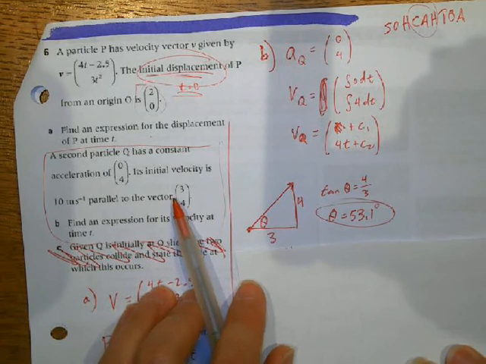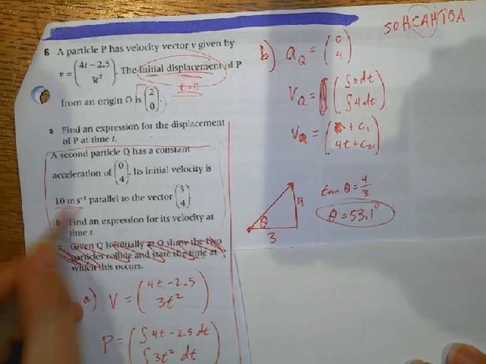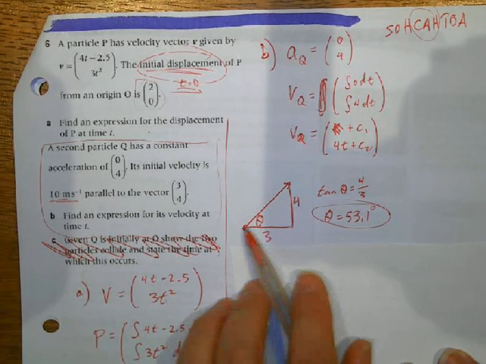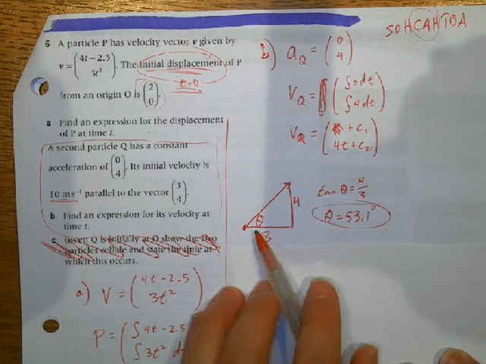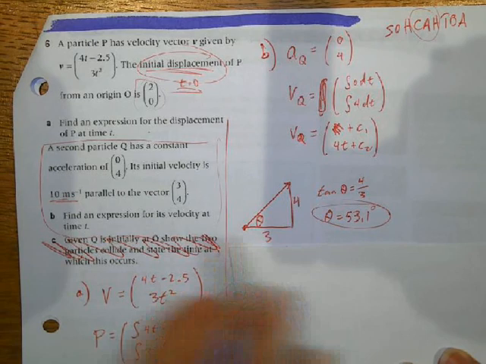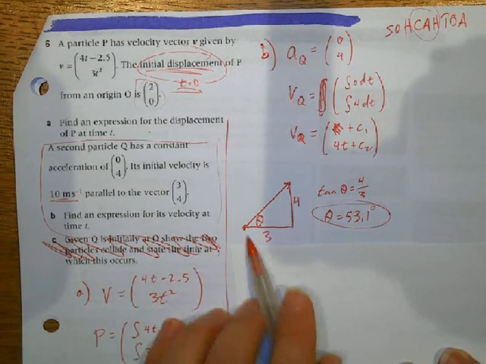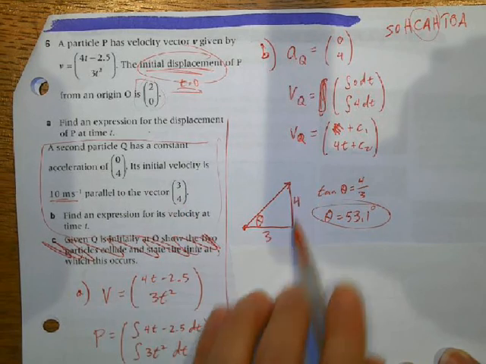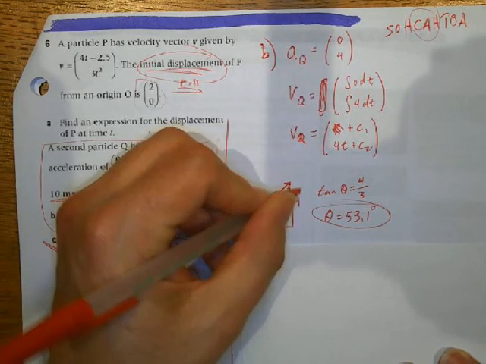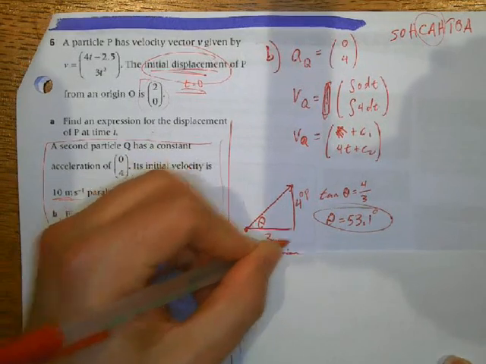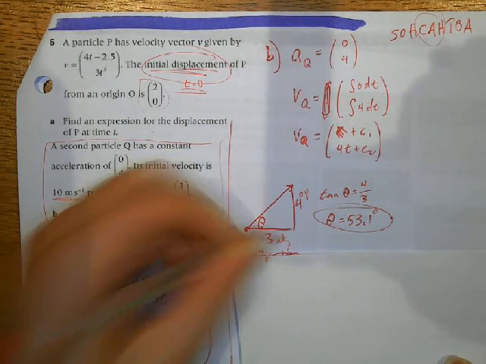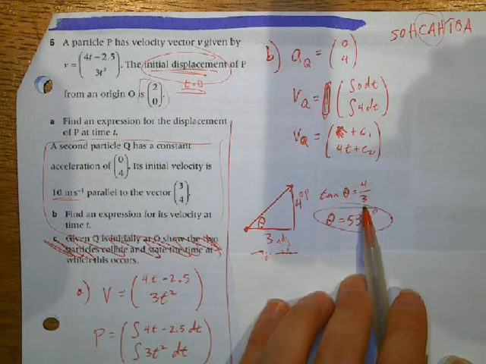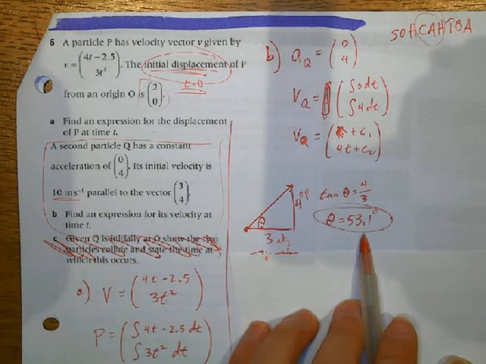But we know that the magnitude is 10. So let's figure out what the x component and the y component are in terms of angle. In the x direction it's going over 3, and in the y direction it's going up 4. So here I've got the opposite side and the adjacent side. I'm going to write tangent of this angle equals 4 over 3. And we know this angle is going to be 53.1.